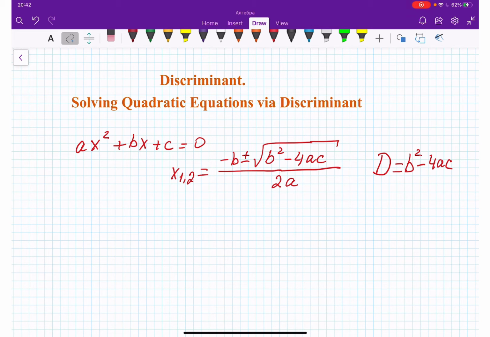Because using the value of the discriminant, without solving the entire quadratic equation, we can figure out whether the equation has two solutions, one solution, or no solution whatsoever. So, how are we going to find out? Here is the first case.